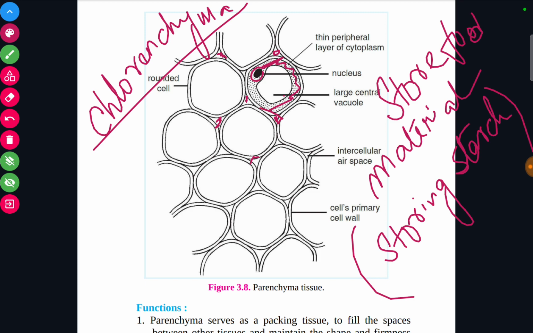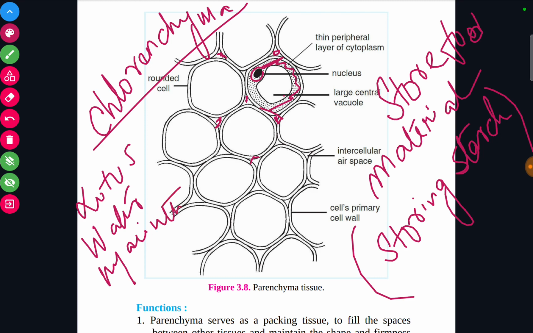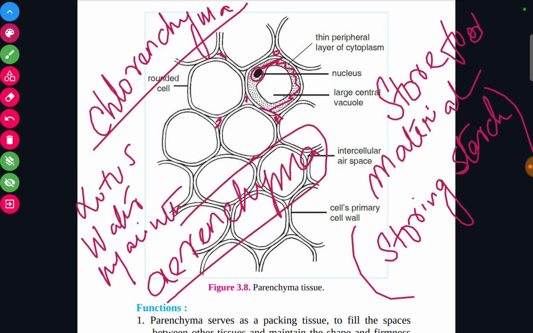You have also seen that there are certain aquatic plants which float on the surface of the water, for example the lotus and the water hyacinth. What is the reason behind it? The buoyancy that they get to float on the surface of the water is provided by a specialized kind of parenchyma, called aerenchyma.